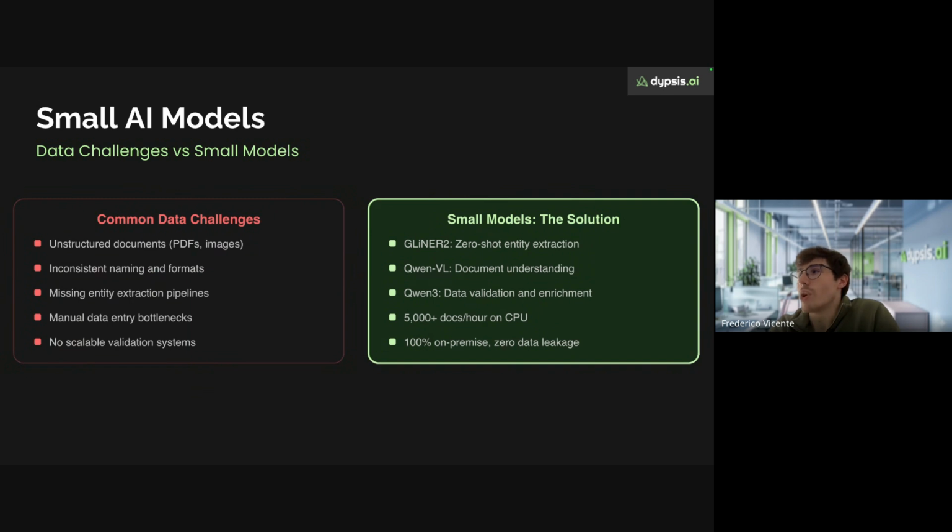All companies deal with documents and structured documents, and currently there are a lot of small models that already can help on a lot of tasks relating to this processing stage, either to ingest them into an ERP or a CRM, or whatever software that you might need in your company or are already using. This is not an extensive list of models that already provide some value to process these kinds of documents.